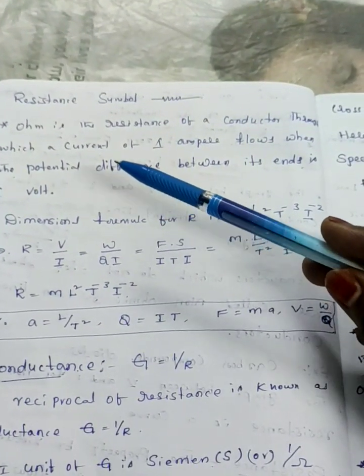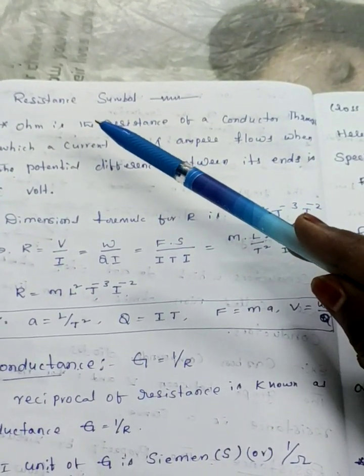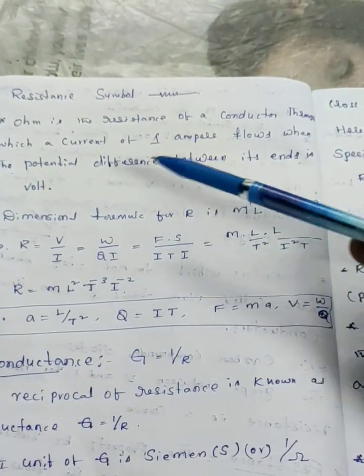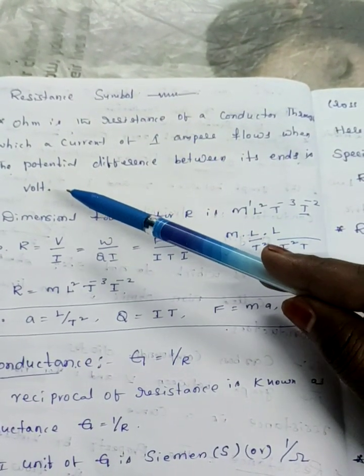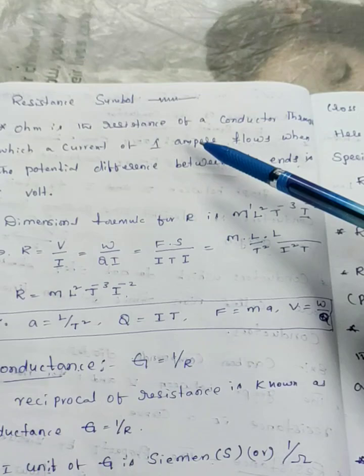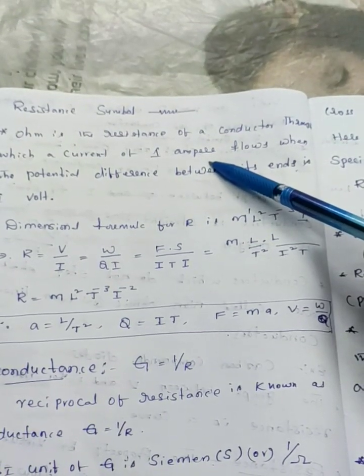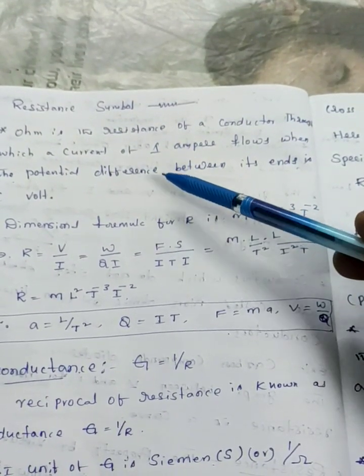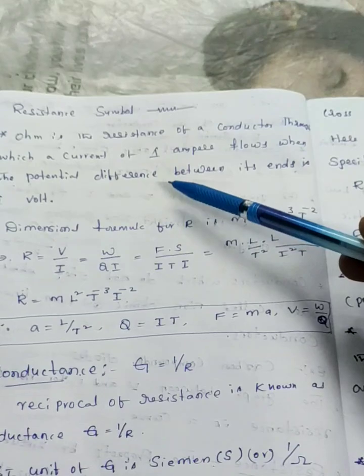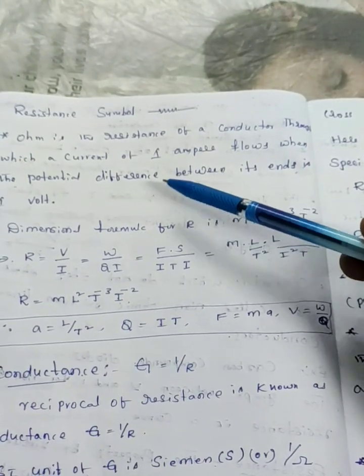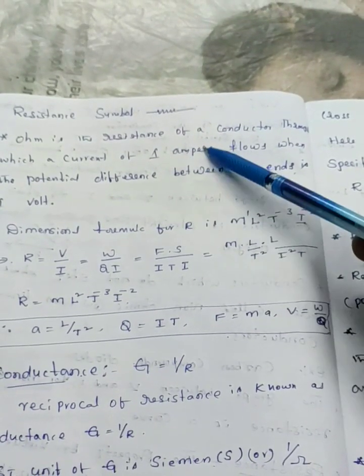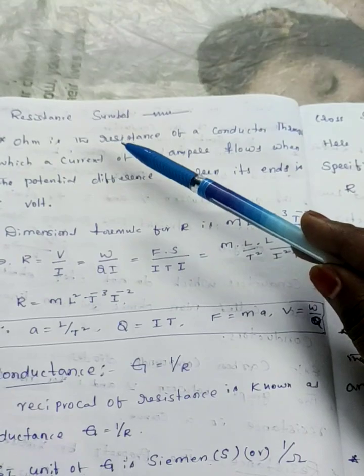R is equal to V by I. V value 1 volt, I value 1 ampere, that is called 1 ohm.